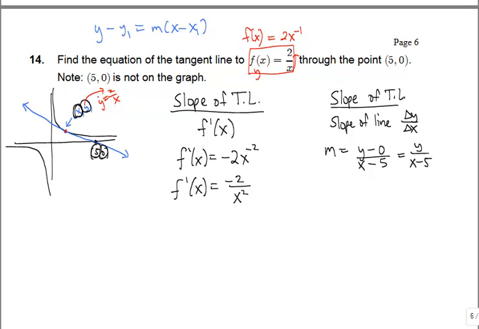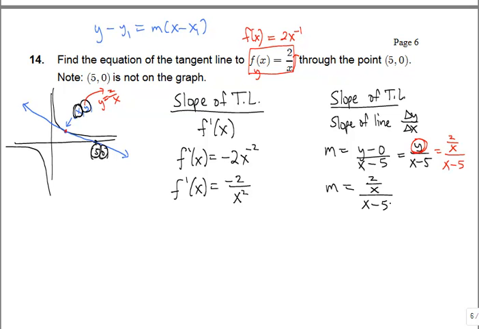So I'm going to use that relationship to reduce the number of variables. I'm going to swap out this y with 2 over x, and now I have a new slope formula that only involves x's. It's still messy, but it's still doable. So my slope, by doing change in y over change in x, is 2 over x divided by x minus 5.